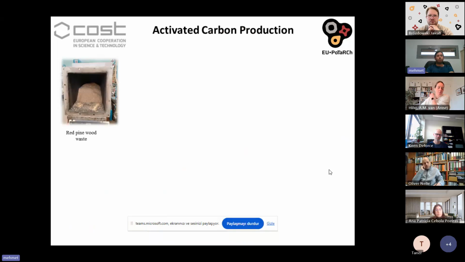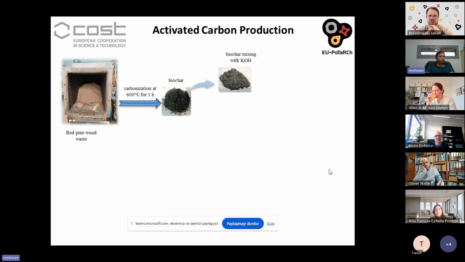Firstly, red pine wood waste was placed in the oven for carbonization at 600 Celsius for 1 hour under oxygen-free conditions. After we obtained a biochar, for chemical activation, we used two chemical activators. The first one is potassium hydroxide.